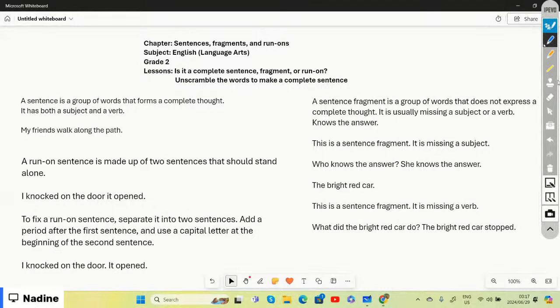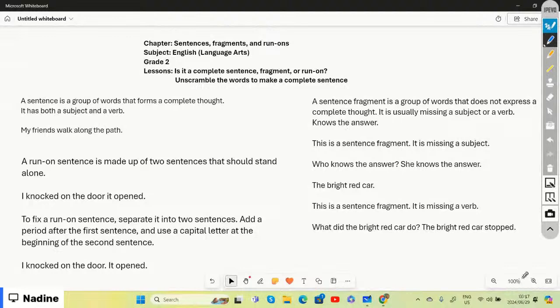We said once again, before we go on to A Plus Students, we have a sentence, we have a fragment, and we have a run-on sentence, right?